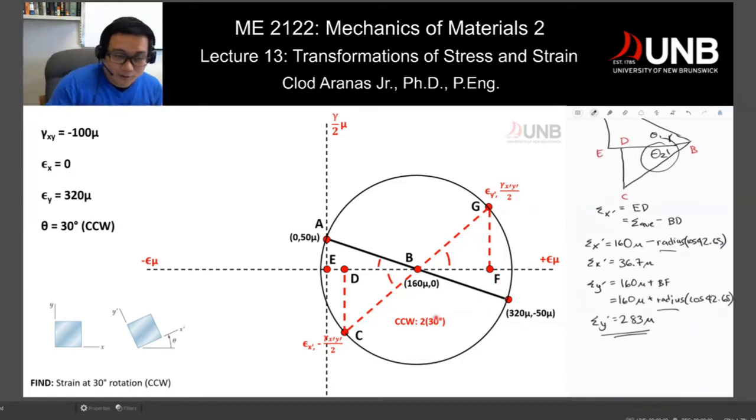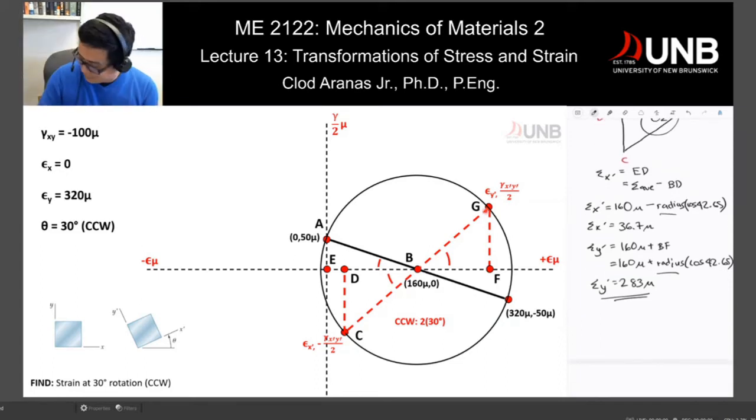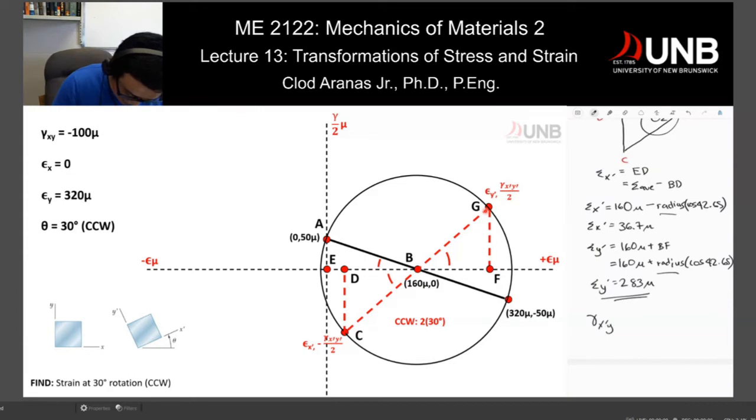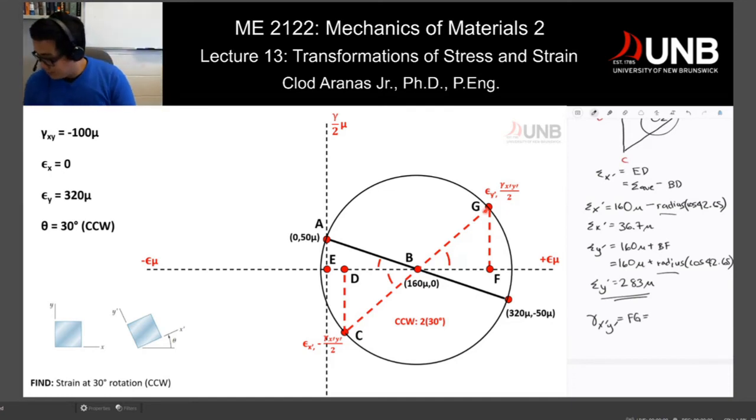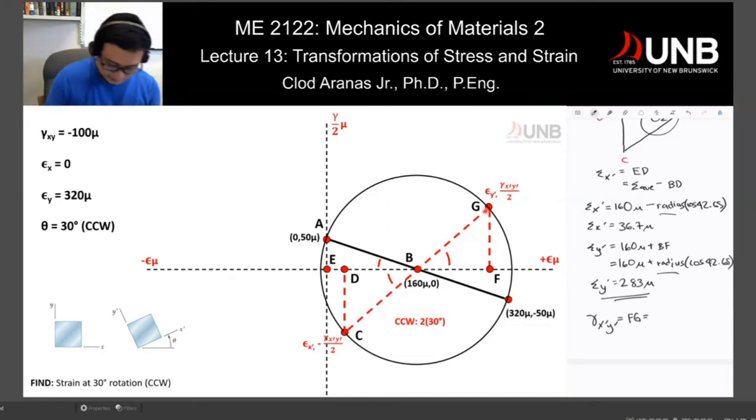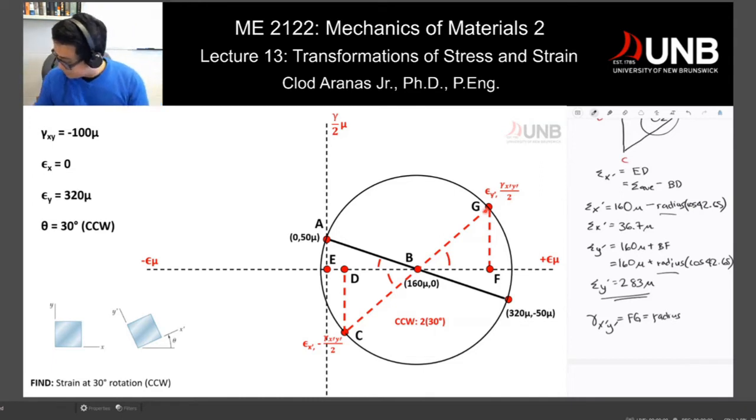Now, the question here is what would be the value of your shear strain x prime y prime, over 2. That over 2 is equal to this length right here, your FG, or GF if you want to call it that. So x prime y prime over 2 is equal to FG, which is equivalent to R, the radius, sine, sorry, radius sine 42.65.